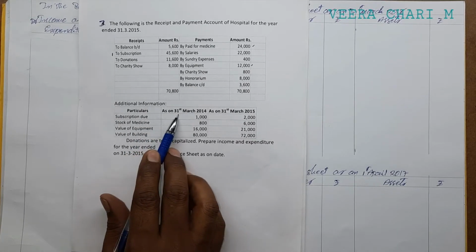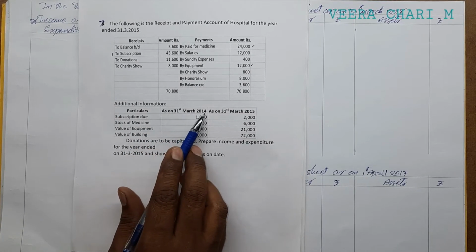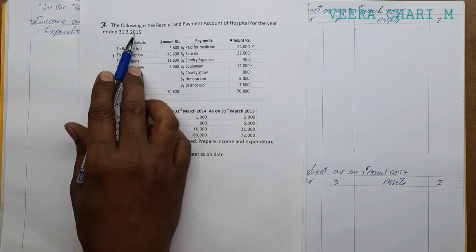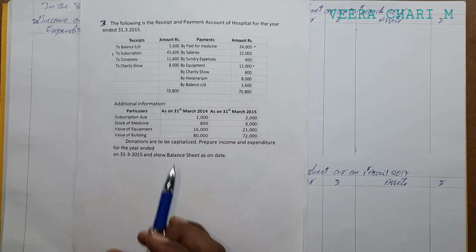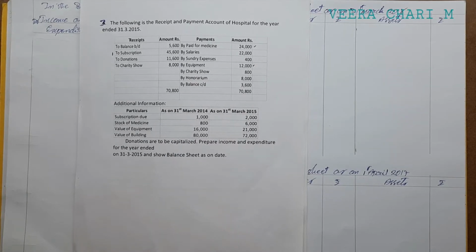Subscriptions due on 31st March 2014, when the present year is 31st March 2015, are last year's outstanding subscriptions.